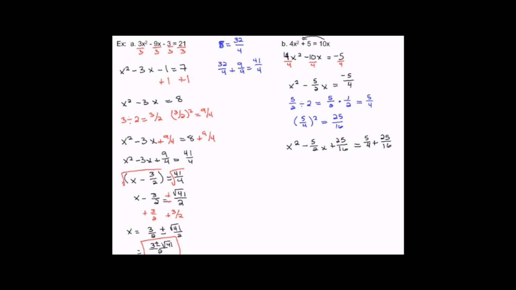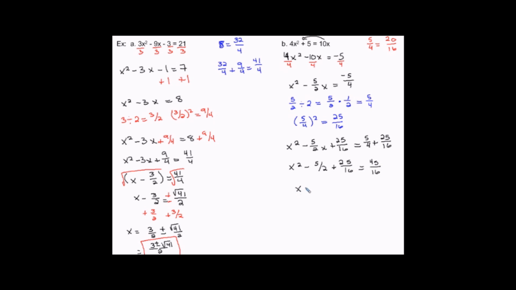And 5/4 is equal to 20/16. So I get x squared minus 5 halves plus 25/16 is equal to 20/16 plus 25/16, so 45/16.